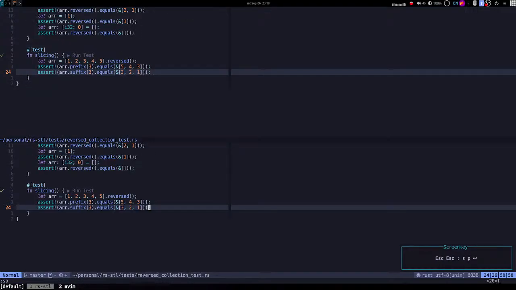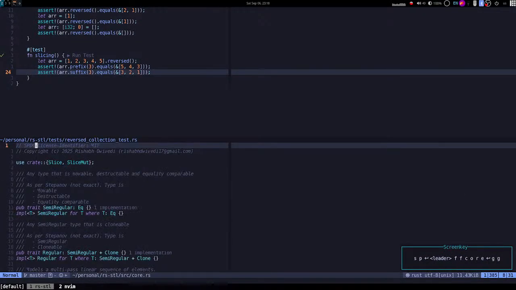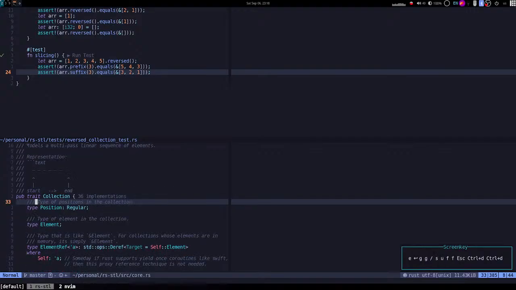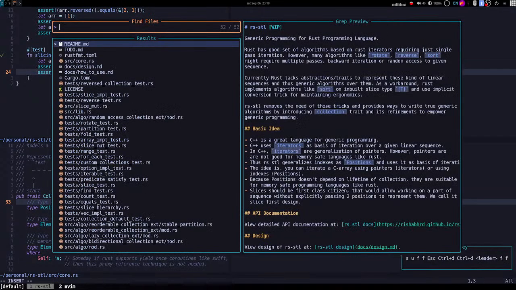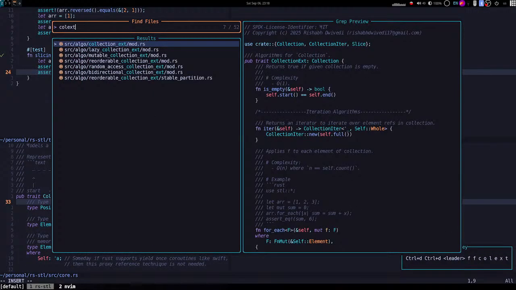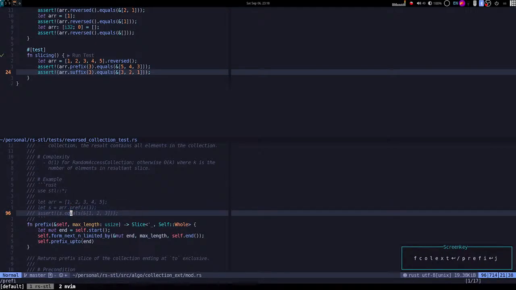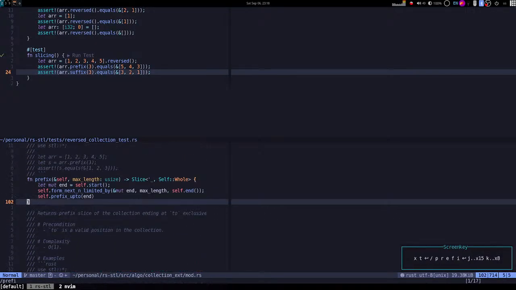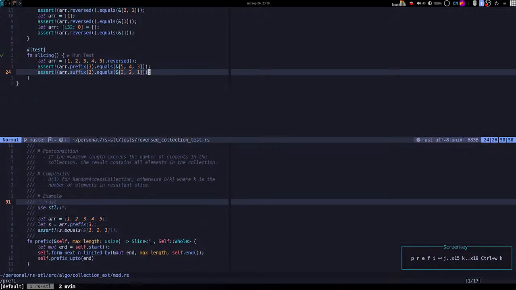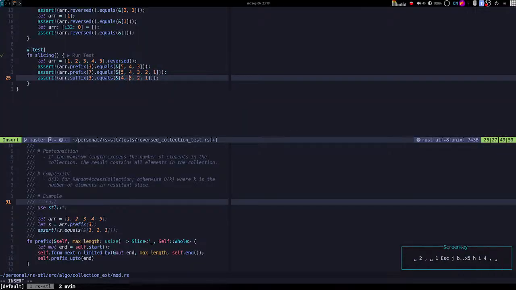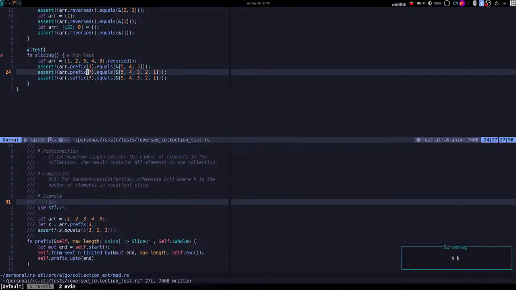Okay, let me go for core.rs suffix, collection extension, and we have prefix things, right? And let's say if I take the full prefix, let's say like 7, so it should be 5 4 3 2 1, and here also it should be 5 4 3 2 1, right? Okay.